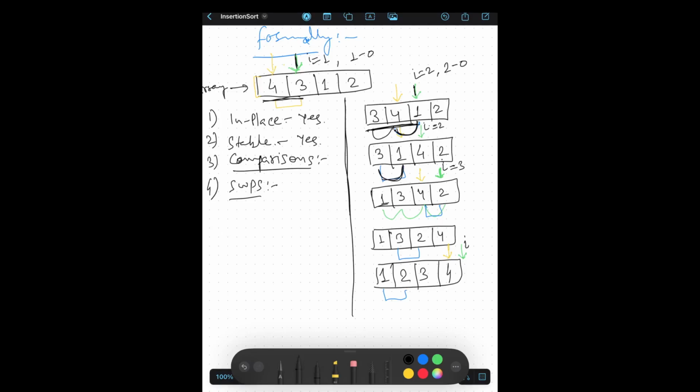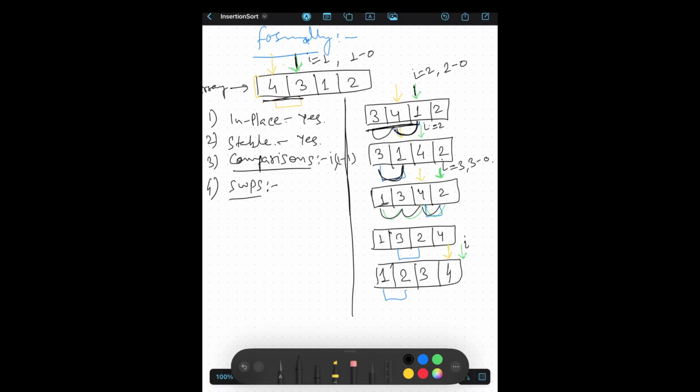After that, I is equal to 3 and we did 3 comparisons, this, this and this, from 3 to 0, right? So this means for every I, we are doing I minus 1 number of comparisons, right? So for every I, there are I minus 1 comparisons.